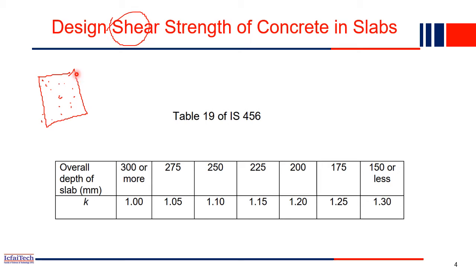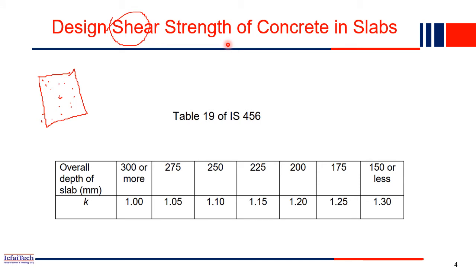On a bridge, heavy vehicles are moving from one end to another, so heavy concentrated loads come onto the bridge deck, and shear stress will be very high. That's why in a bridge deck, a culvert, or flyovers, we sometimes provide shear reinforcement with stirrups on a slab.